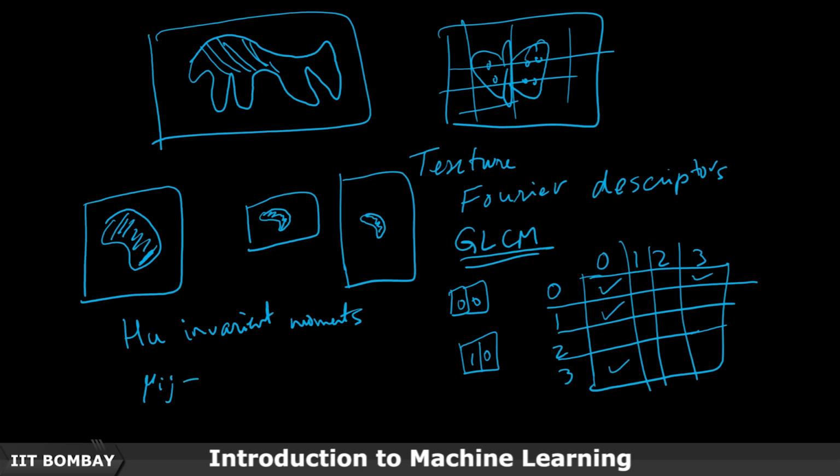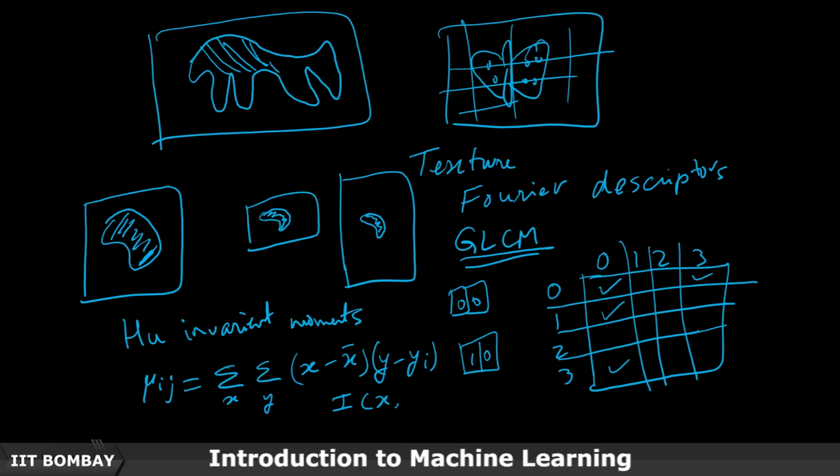We can take it as a sum over all x positions and all y positions of pixels in the image, taking x minus the central x and y minus the central y, times the intensity at that particular location.